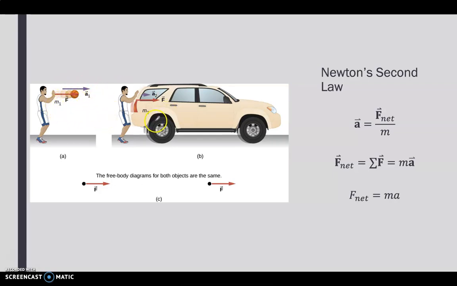Now, in this second part, he's applying that same amount of force onto a vehicle, trying to push the vehicle. The vehicle obviously has a higher mass, and so the acceleration of that vehicle is going to be much less than that of the basketball. Okay, so this is the idea of Newton's second law.